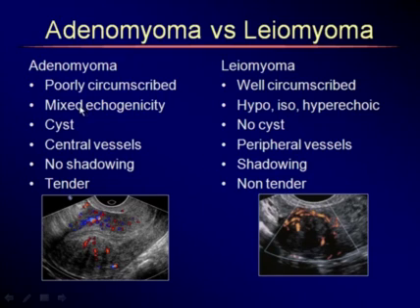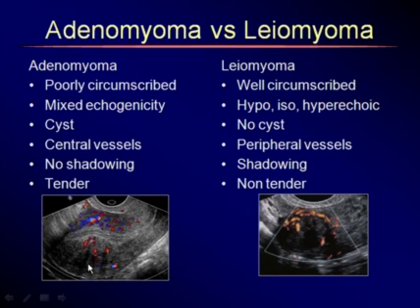The adenomyoma has mixed echogenicities, sometimes hard to even define in the myometrium, whereas the leiomyoma can be hypoechoic to the myometrium, could be iso, could be hyperechoic.